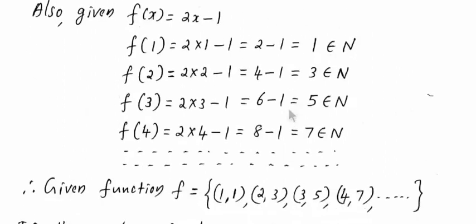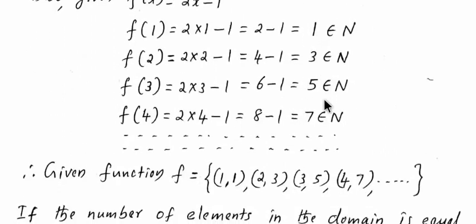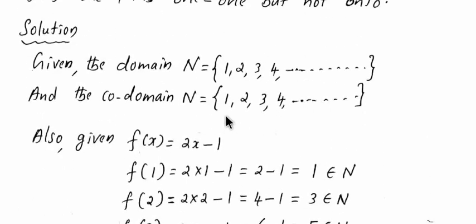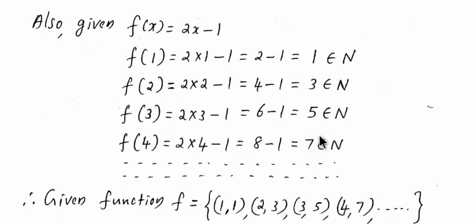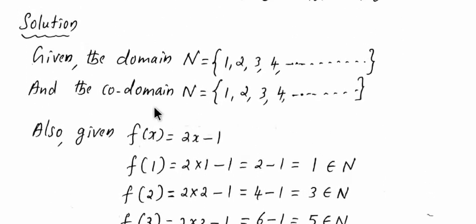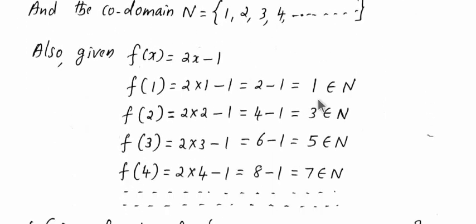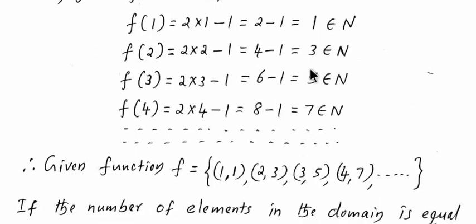But in the range there are only odd numbers: 1, 3, 5, etc. In the codomain both odd and even numbers are there, but in the range only odd numbers.